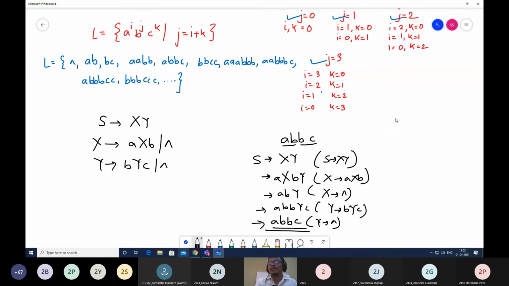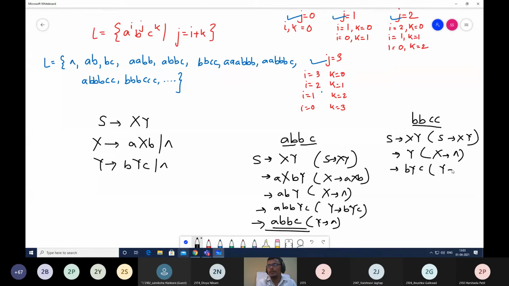Suppose I have some string in which either A or B is absent, suppose it is BBCC. How will this lead to acceptance? First I'll apply S gives XY. Now here I see that I have only B's and C's. I don't have A's. The moment I don't have A's, X should not produce anything, so directly I'll make X null.